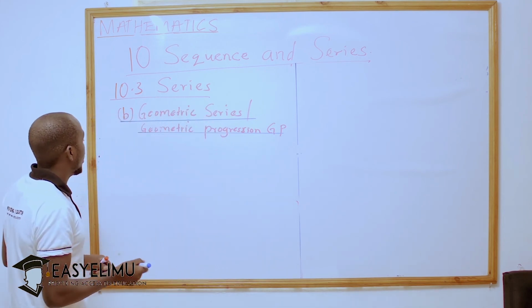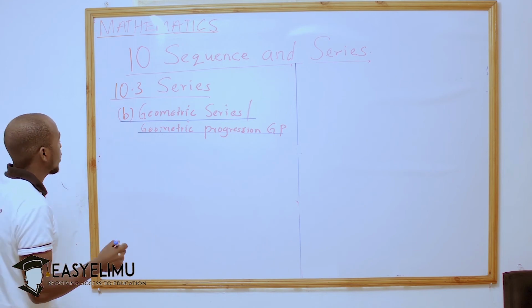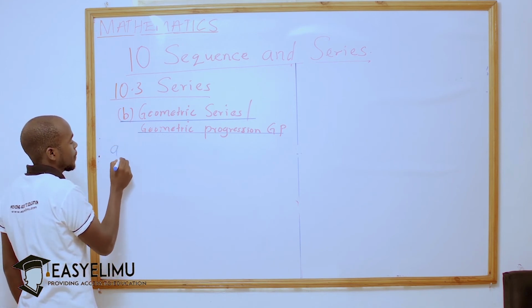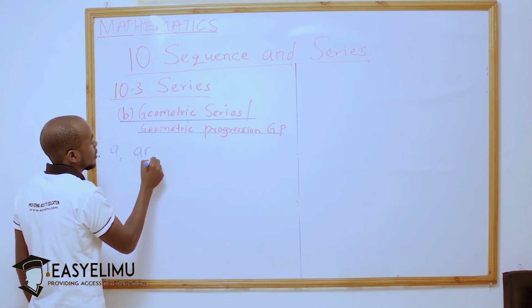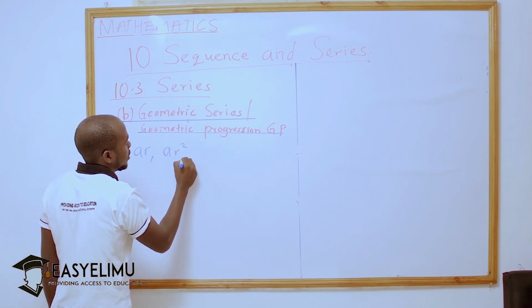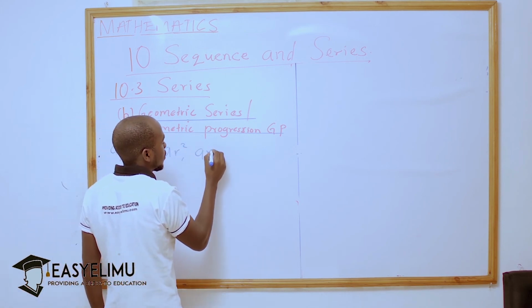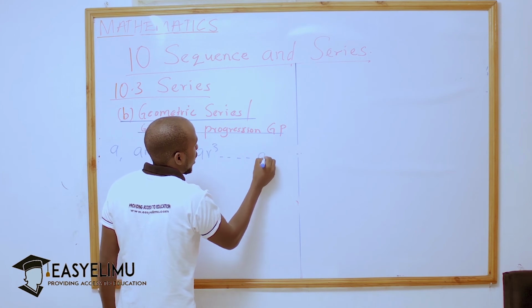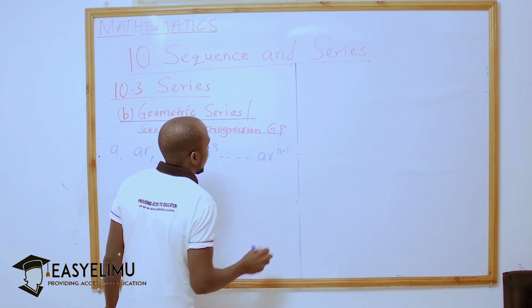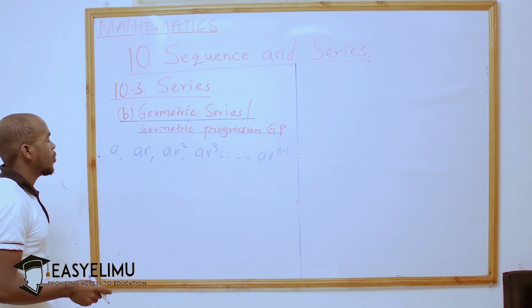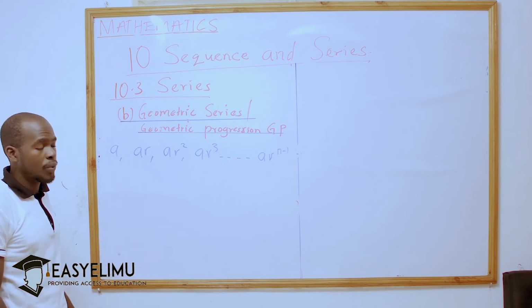Say that in case you have been provided with terms like A, AR, AR squared, AR cubed, up to AR raised to n minus 1, then that one we refer to as a geometric sequence.